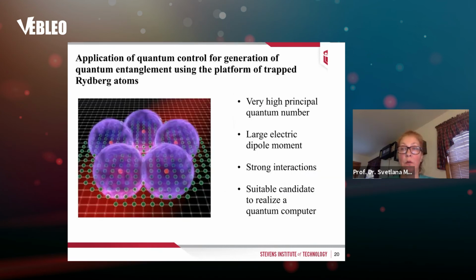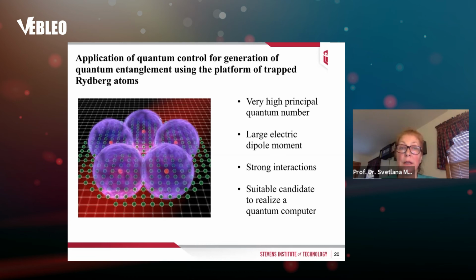Now I would like to discuss another application of quantum control, which goes as far as quantum sensing, and it is about the generation of quantum entanglement using the platform of trapped Rydberg atoms. Rydberg atoms are atoms in which an electron is excited to a very high orbital, the principal quantum number may be equal to 40, 60 and more.